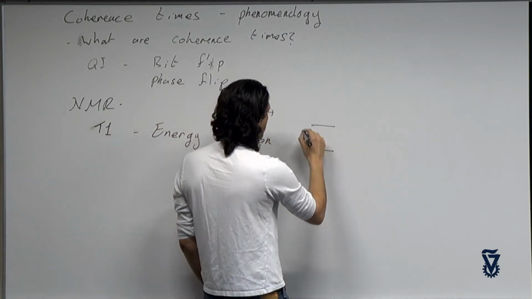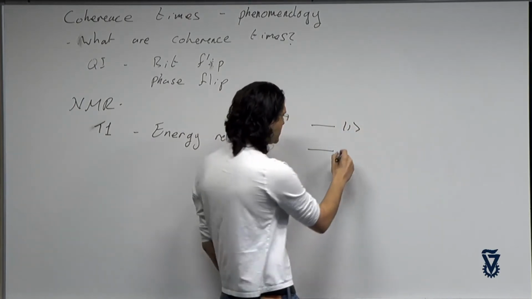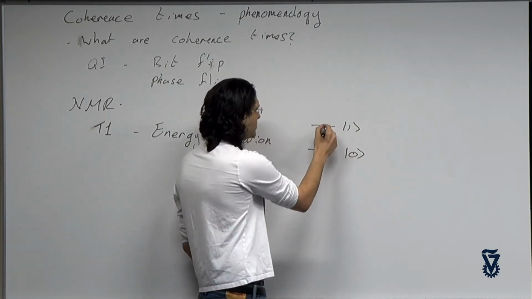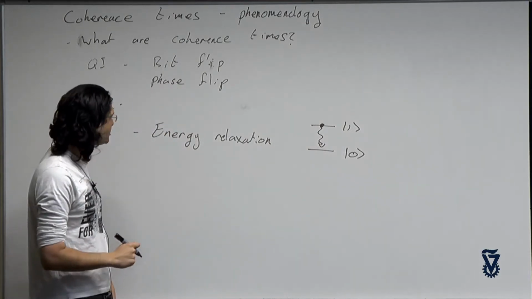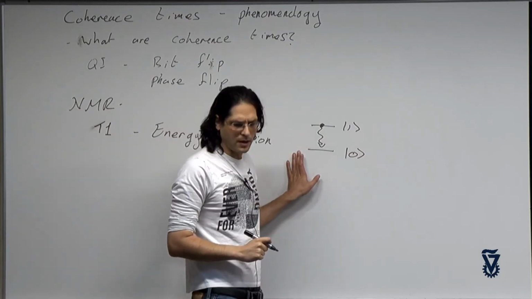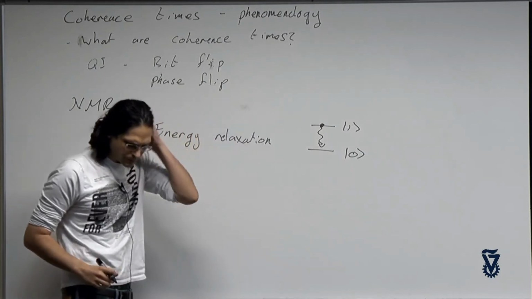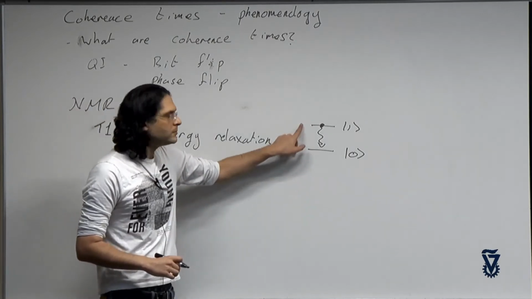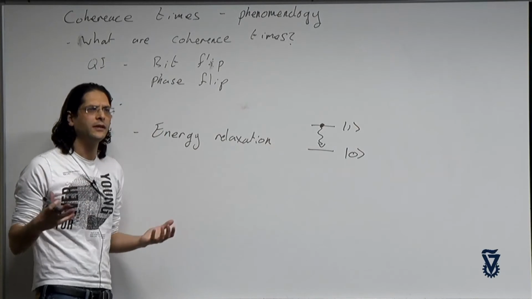It is when you have your two-level system, your quantum spin, and you lose energy through decay from 1 to 0. This is the predominant effect. You can also go from 0 to 1 through temperature and things like that, and eventually you will equilibrate.